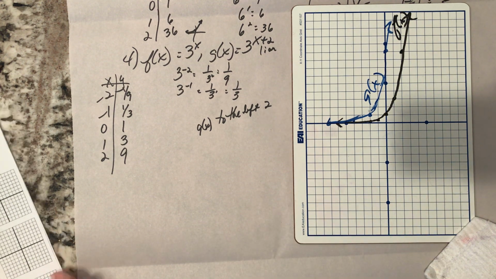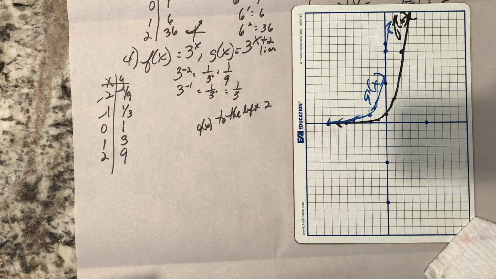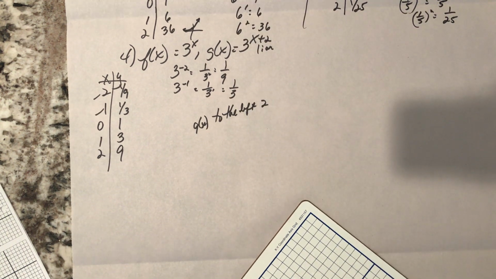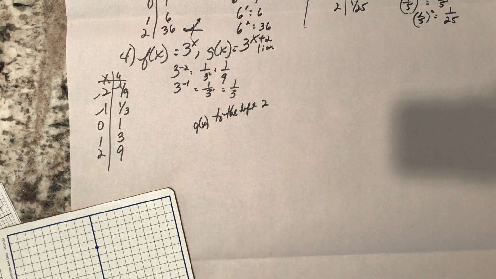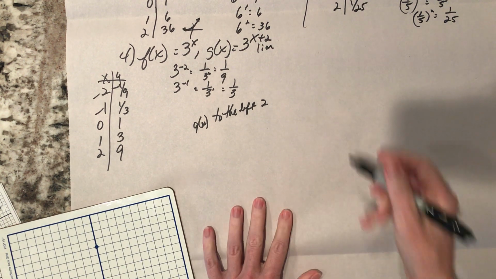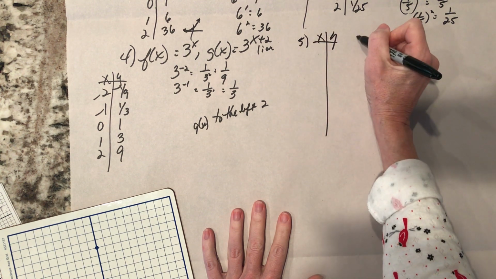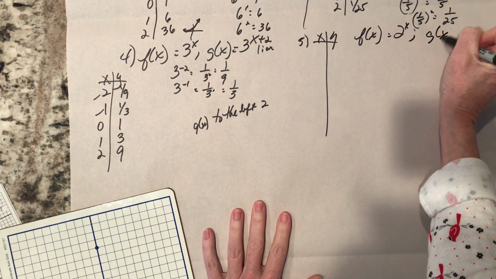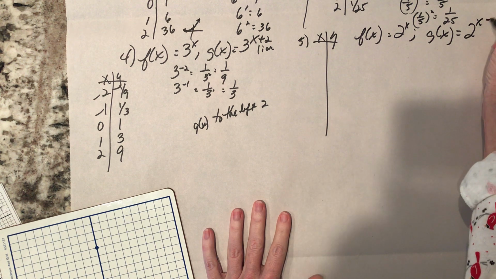Let's see. Number 5, we're going to get 2 to the x and then 2 to the x minus 4. Very similar problem. You can fast forward through this if you're getting better at this. Let's see, we're looking at the parent 2 to the x, and then we're going to transform that to 2 to the x minus 4.